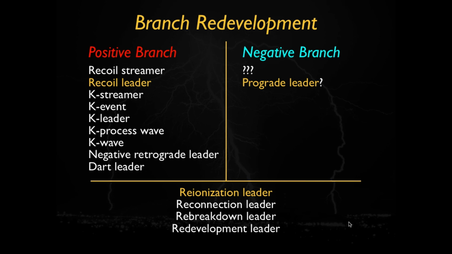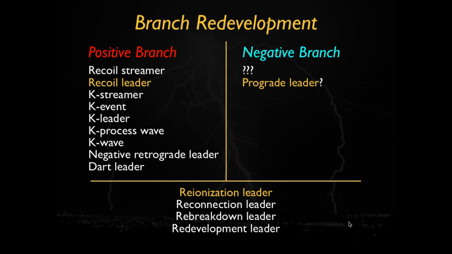I'm going to use the word recoil leader here. Ogawa and Brook in 1964 have a paper in which they define the recoil streamer as being a recoil or return stroke type event when the positive leader made contact with a negative charge region. So they hypothesize that that's what caused this fast negative leader to propagate back in the opposite direction.